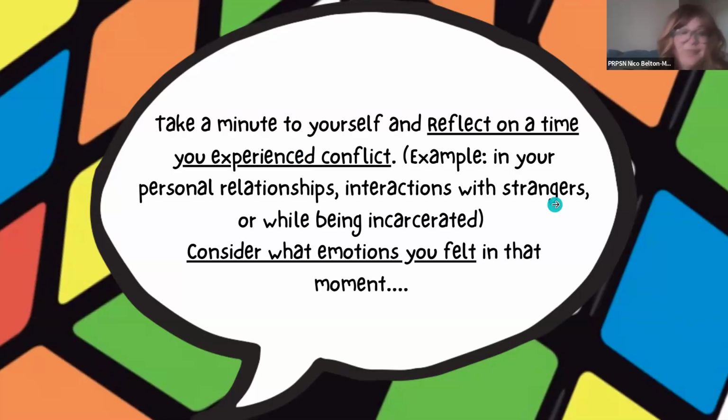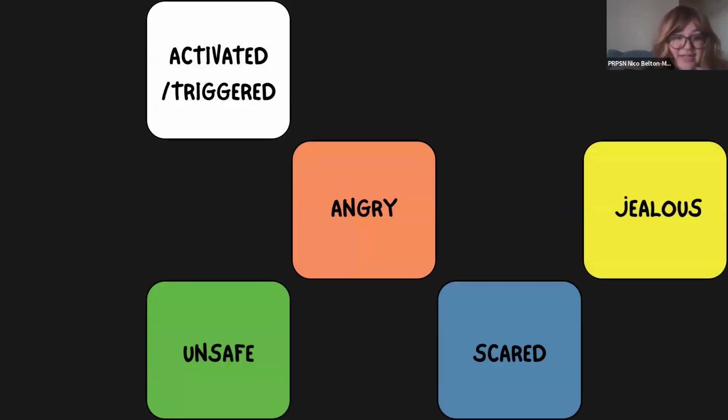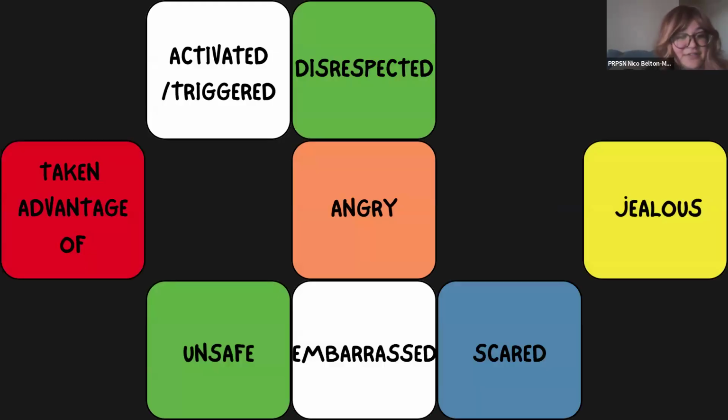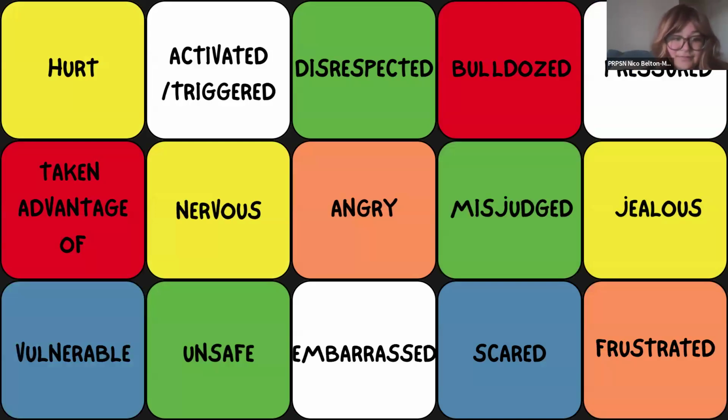Okay. So likely you may have felt activated or triggered. Maybe you were angry, you were jealous, scared, you felt disrespected. There are so many things that come up with this. Often when we are in conflict, we think of the word angry, right? When I think of conflict, I'm like, oh, well, someone's angry, someone's upset.